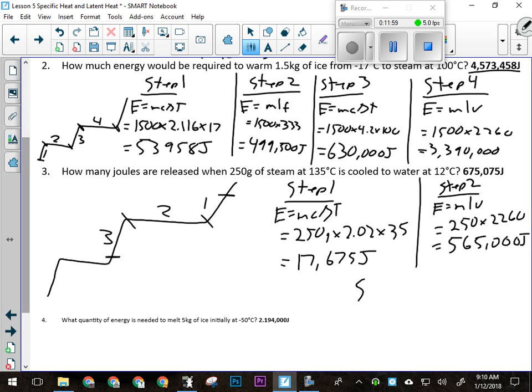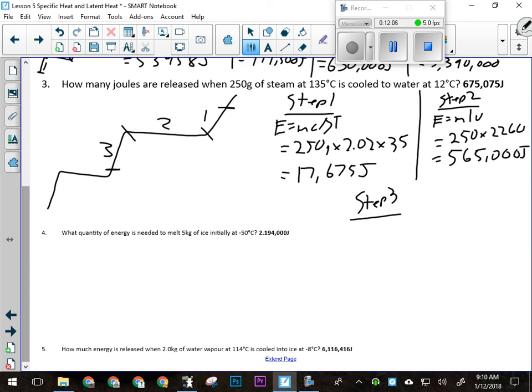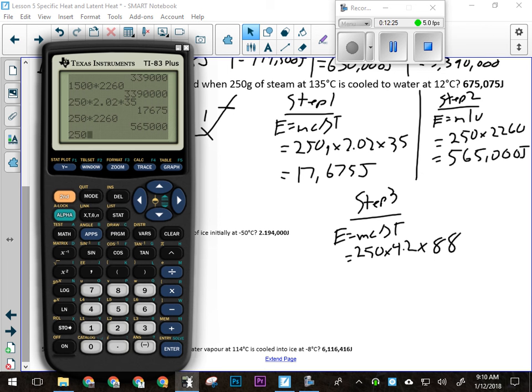And then in step 3, I just have to cool the water down. Okay, so that'll be an E equals mc delta T problem. 250 times 4.2 because now it's water. Okay, and I'm changing it down to 12, so that's 88 degrees from 100. All right, so 250 times 4.2 times 88.